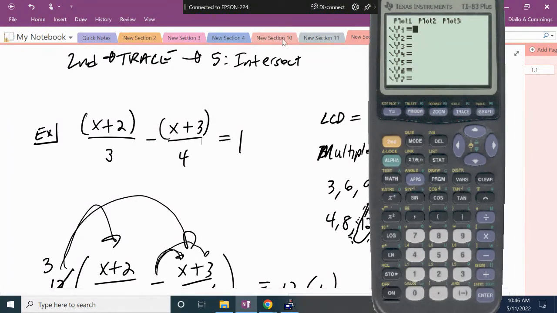So I'm going to put in a parenthesis, x plus 2, divided by 3 minus another begin parenthesis, x plus 3. All right, close off my numerator, divided by 4. For y sub 2, I'm going to put in 1.